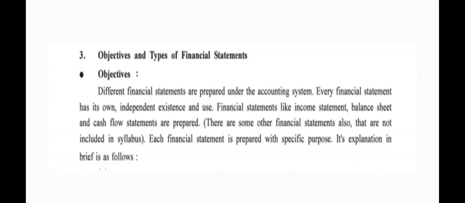Financial statements like income statement, balance sheet and cash flow statement are prepared. There are some other financial statements also that are not included in the syllabus. Each financial statement is prepared with a specific purpose. Its explanation in brief is as follows.